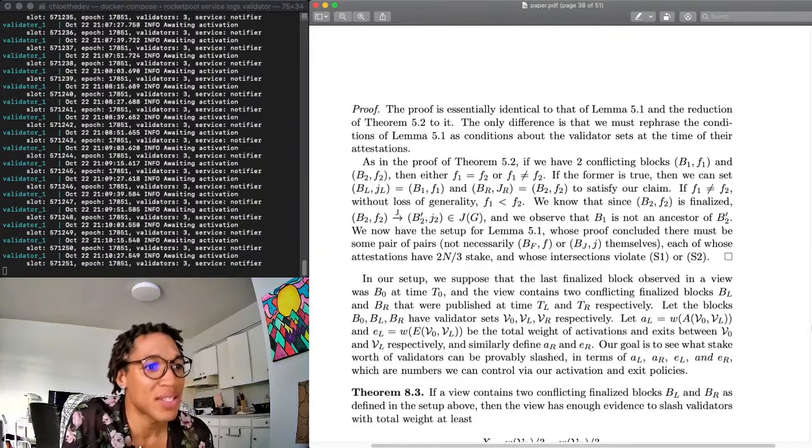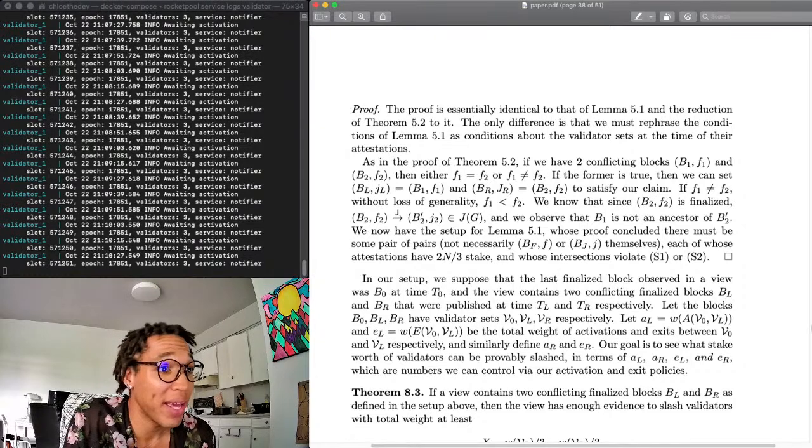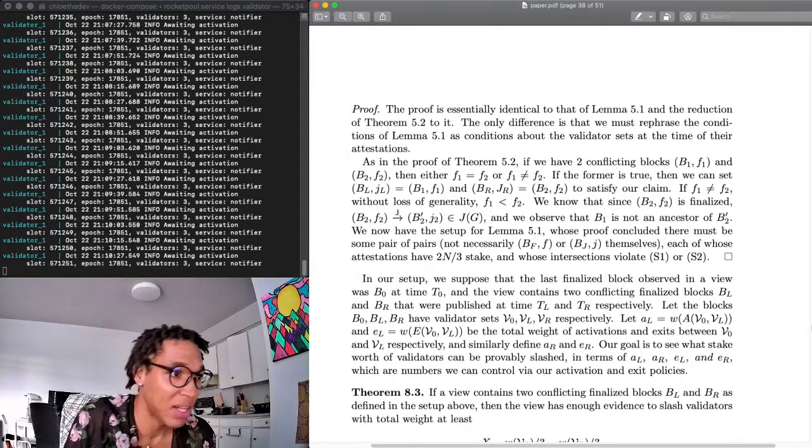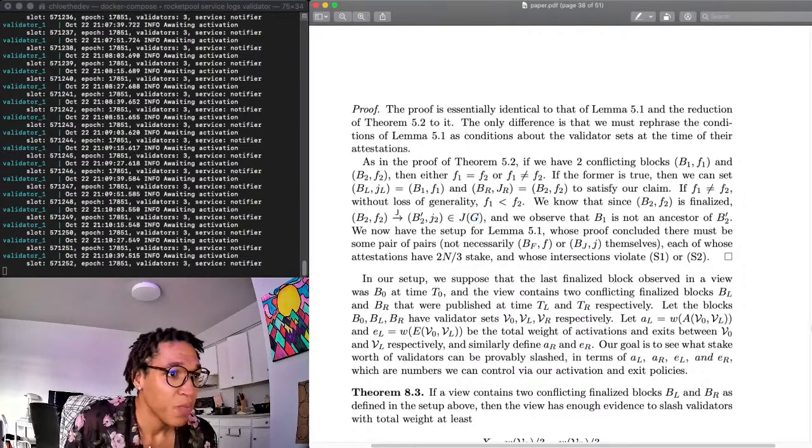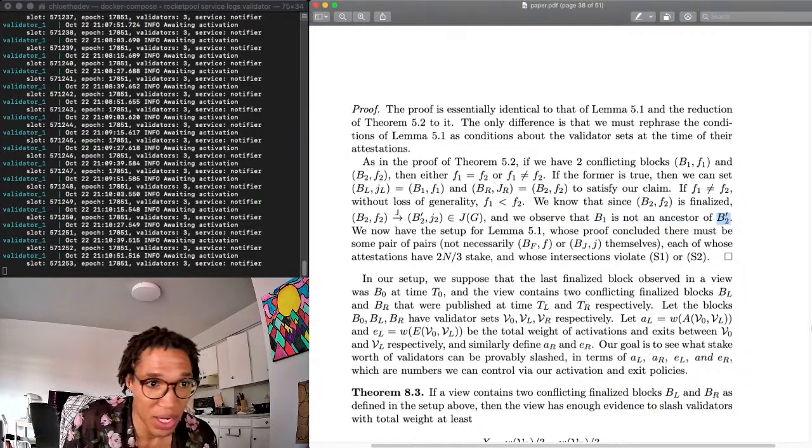We know that since block 2 is finalized, so it did get finalized, block 2 prime is justified, is in the justification view of G, and we observe that block 1 is not an ancestor of this block 2 prime.